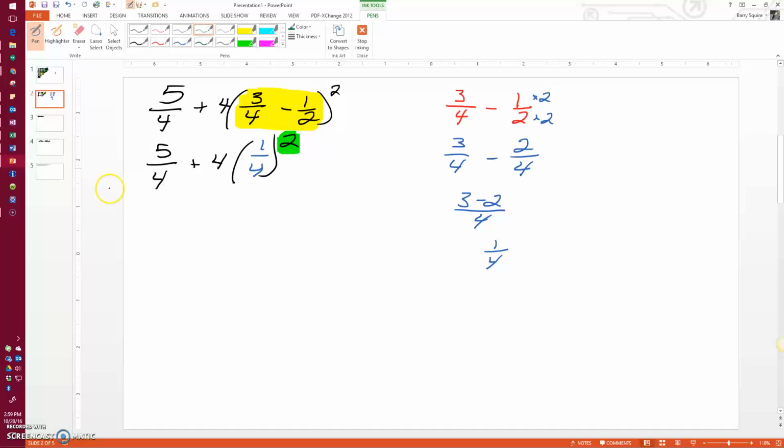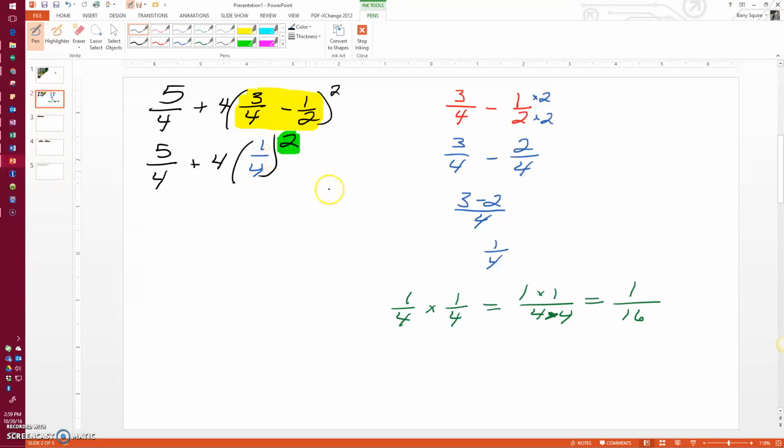So let's get a different color here. Here we go. So 1/4 times 1/4. Remember, the way we multiply fractions is a little bit different from the way we add and subtract. We just multiply across. Oops, I wrote plus and then times. 1 times 1 is 1, and 4 times 4 is 16.